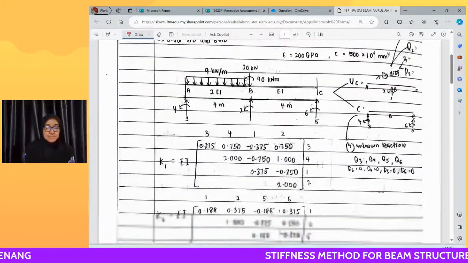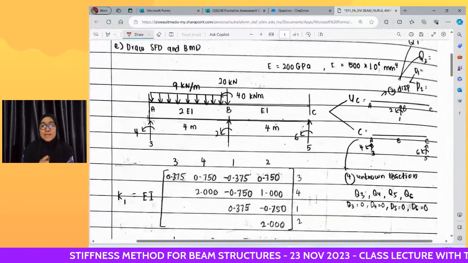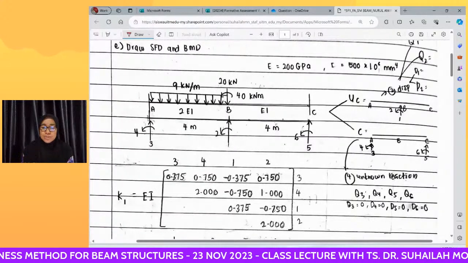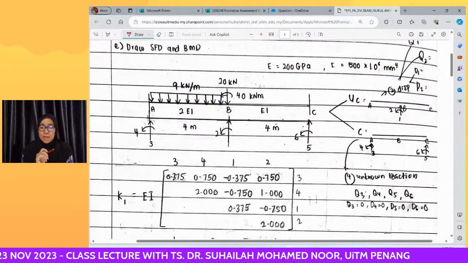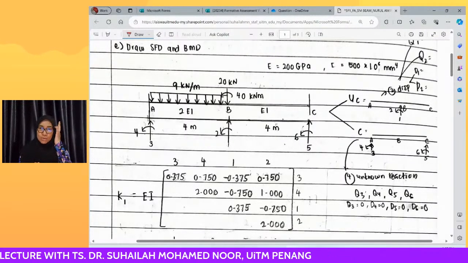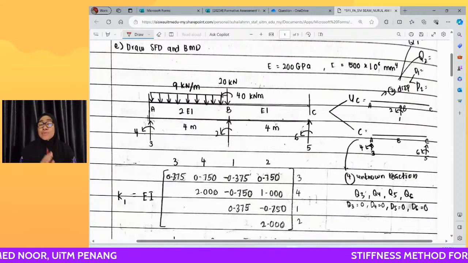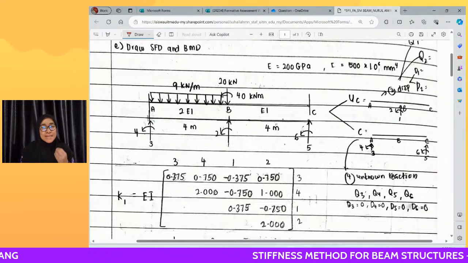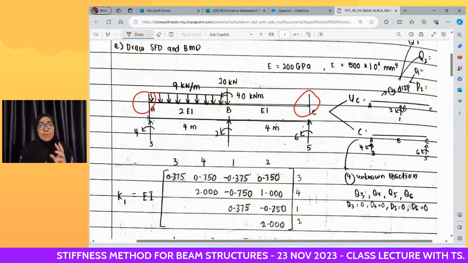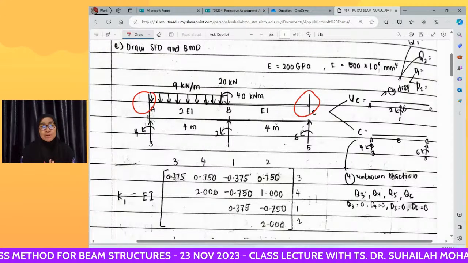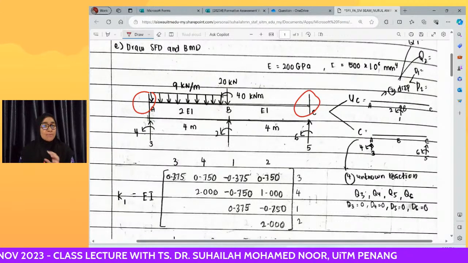When we label, we have to label according to the unconstrained and constrained system. You just need to sketch. We label starting from the constraint, because at the constraint there are unknown reactions. From the support we can identify the unknown reactions. We have two pin supports here, but we only count 2 degrees of freedom because we don't have to count AX and CX.